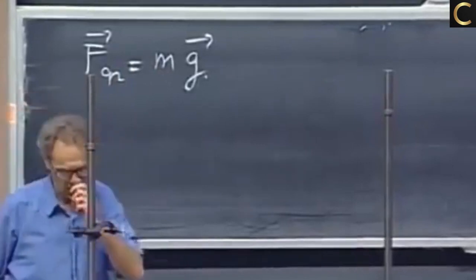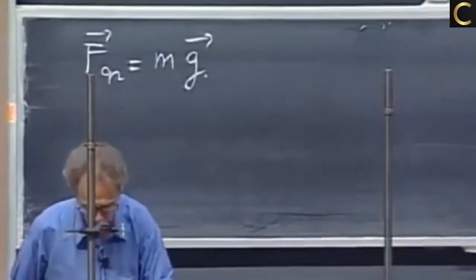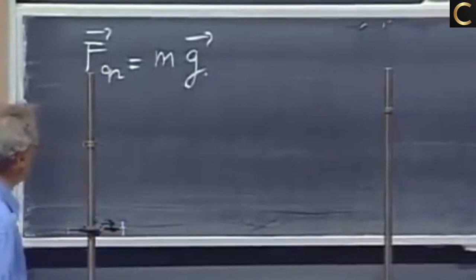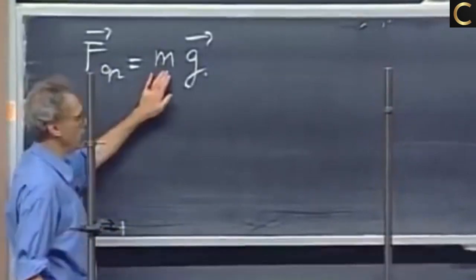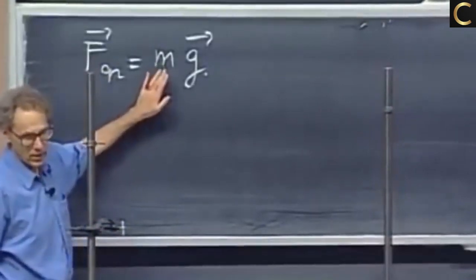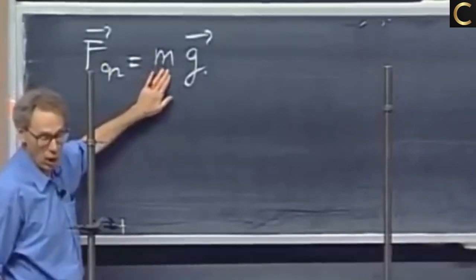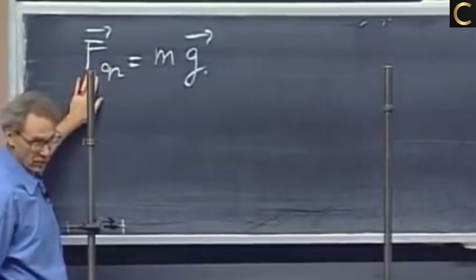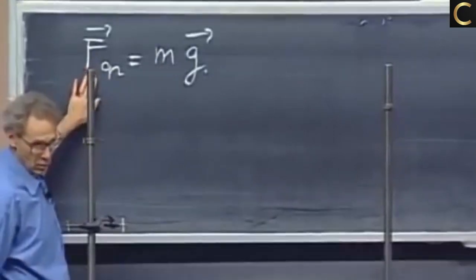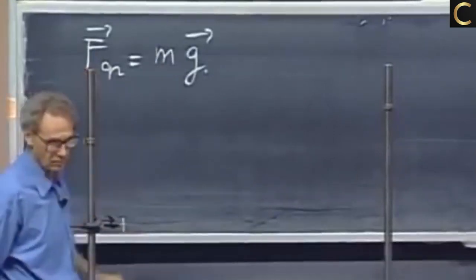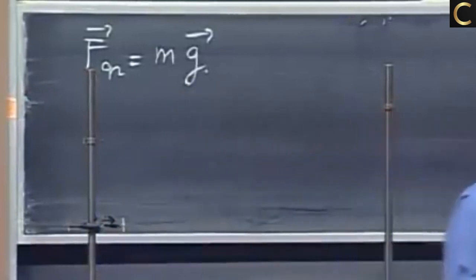I call it gravitational force. And so you see that the gravitational force due to the Earth on a particular mass is linearly proportional with the mass. If the mass becomes 10 times larger, then the force due to gravity goes up by a factor of 10.